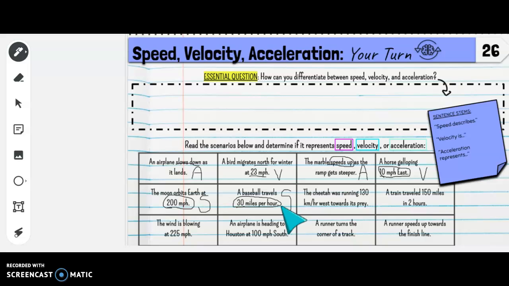The cheetah was running 130 kilometers per hour west towards its prey. So they give us 130 kilometers per hour west. So they give us speed and direction. So we have velocity.